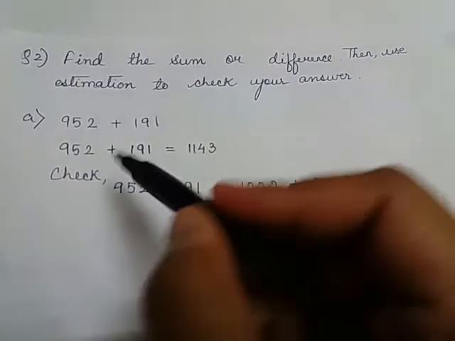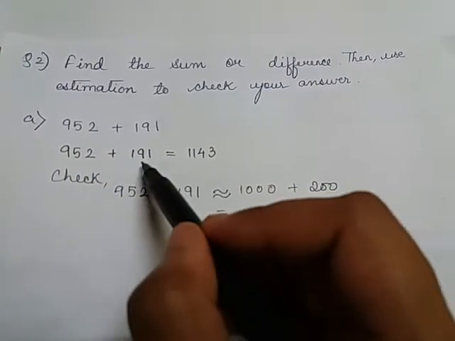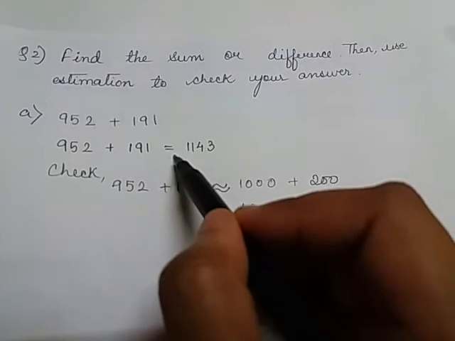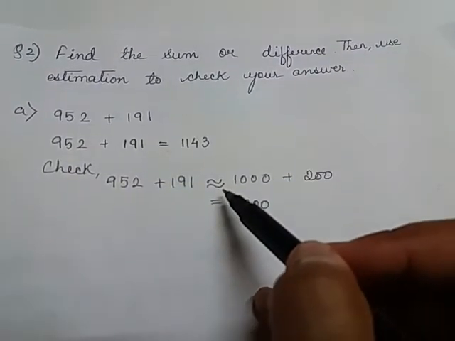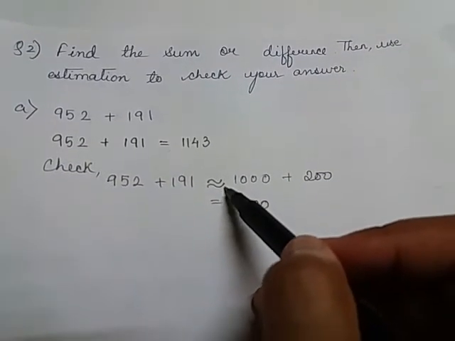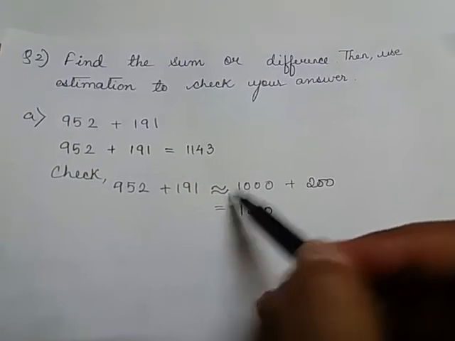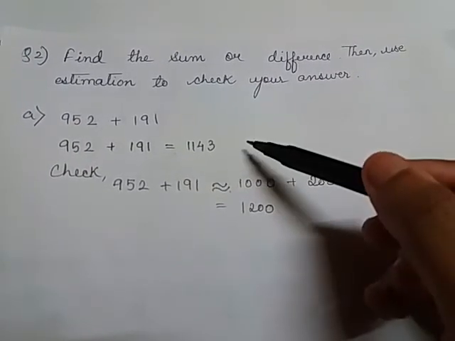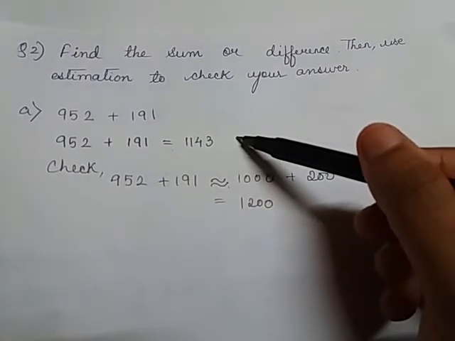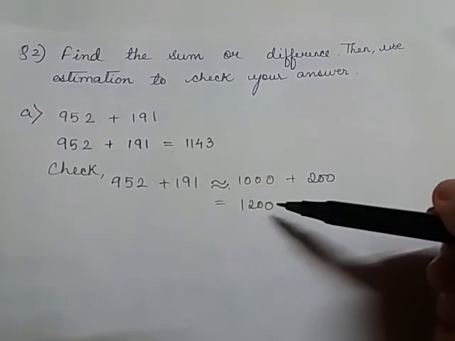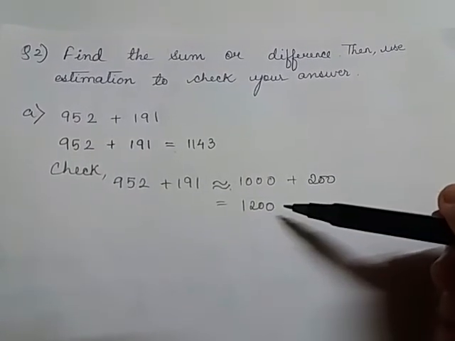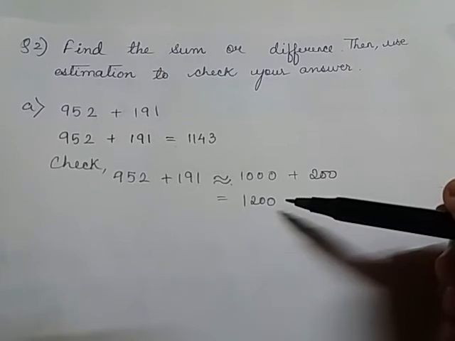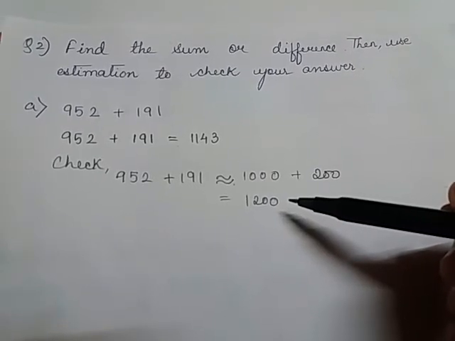Now children, in the actual sum we are using the equal to sign, and in the estimated sum we are using the approximate sign. Now we will be checking our answer, whether the actual sum and the estimated sum are comparable, or whether our answer is reasonable or not.